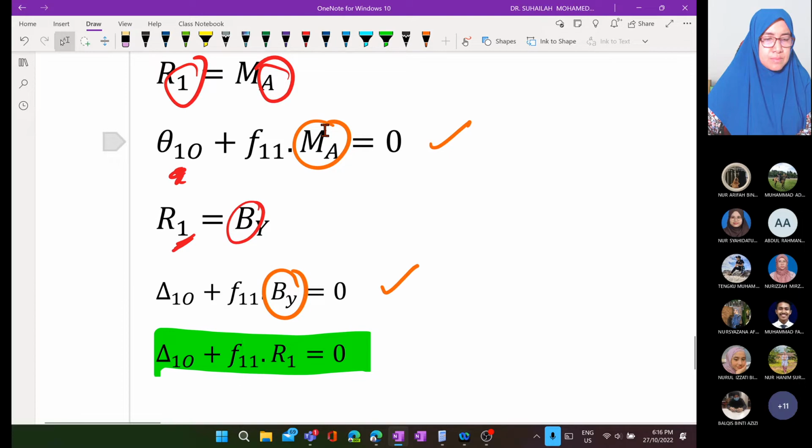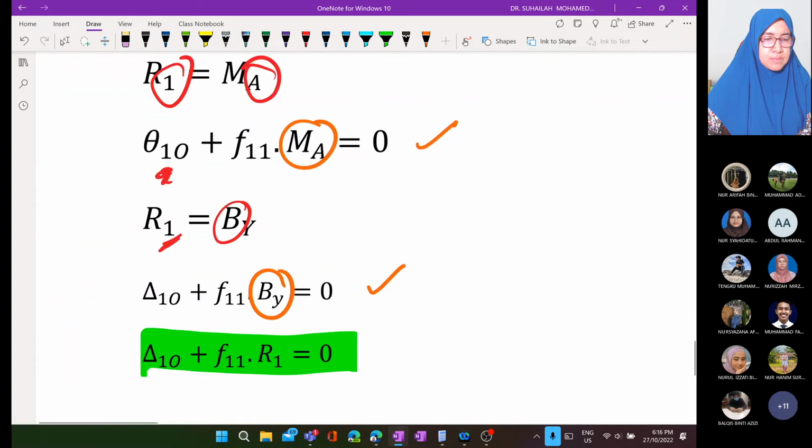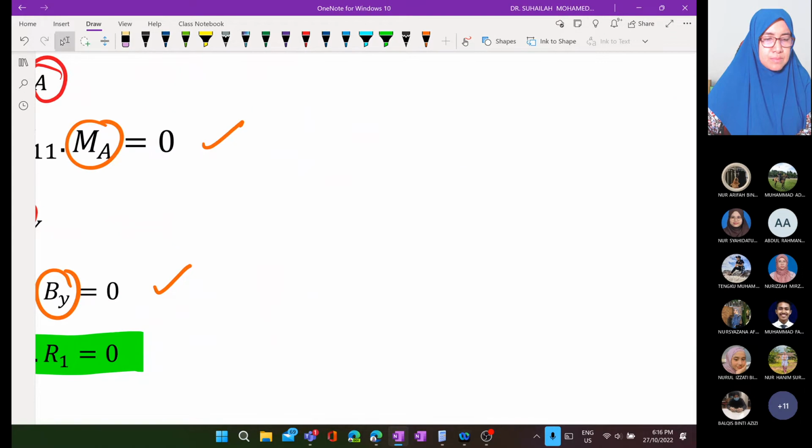Okay, so if we use delta 1 naught, what happened to the equation? We will have M naught and M1 come from primary system and redundant system.